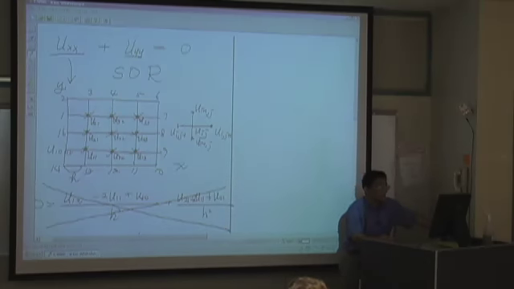Then we want to initialize these heights too. What is the best way to initialize this height? Averaging it. In other words, here is 1, here is 7, then midpoint might be around 4, right? The average of these two values is 4.